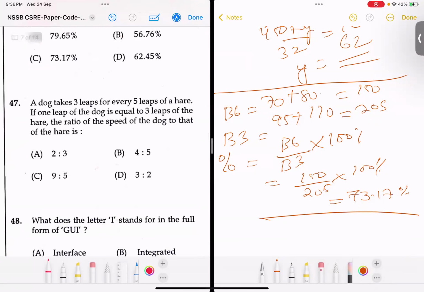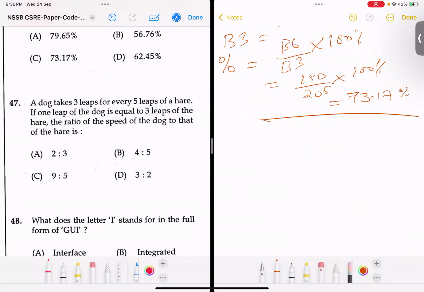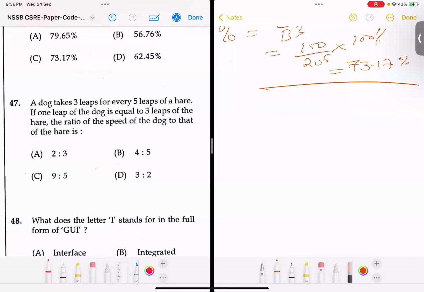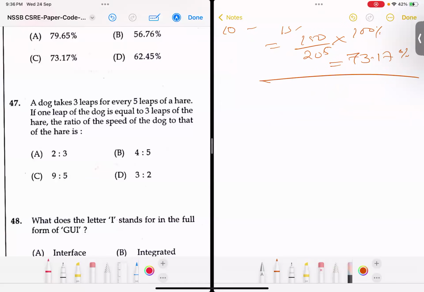Question number 47. A dog takes 3 leaps for every 5 leaps, right, of a hare. If 1 leap of a dog is equal to 3 leaps of a hare, the ratio of the speed of a dog to that of the hare is, okay. Now say there's a dog, okay? Now, every time the dog jumps, okay?